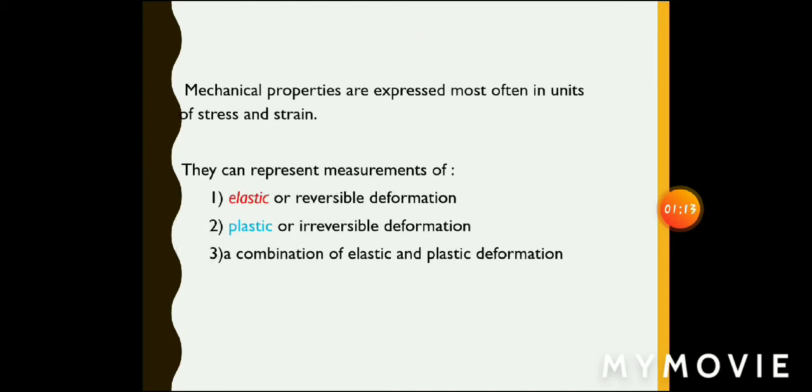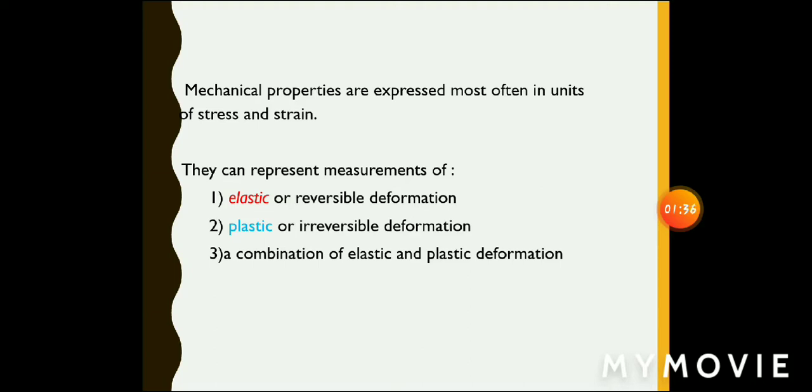Usually the mechanical properties are expressed in terms of strength. Strength is an innate property of a material which will resist deformation or fracture. But strength is dependent on the stress and strain being imposed on the material. So it is the quantity of stress in terms of the amount of strain it is subjected to.